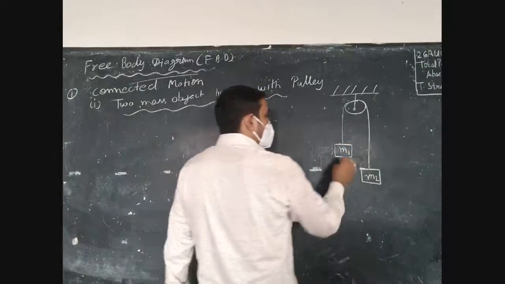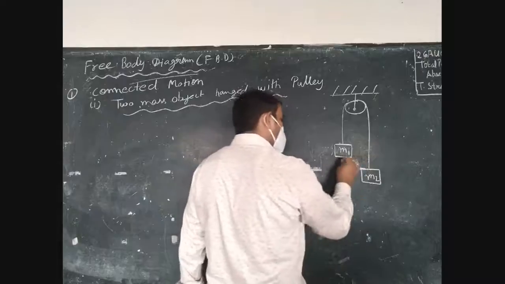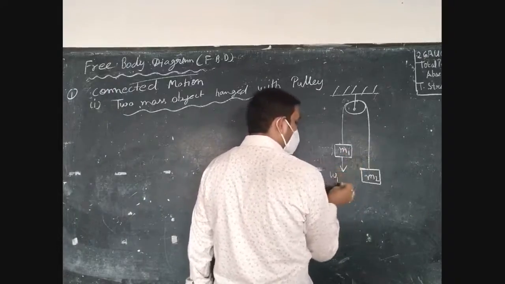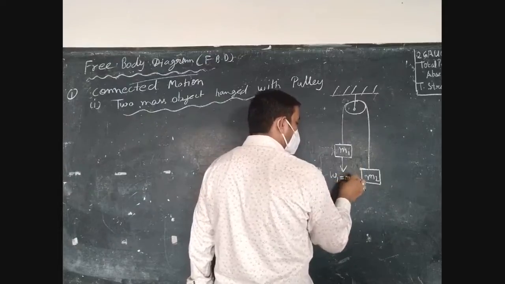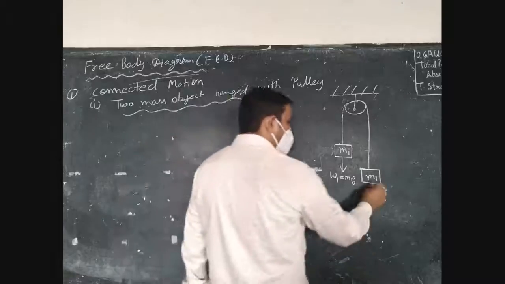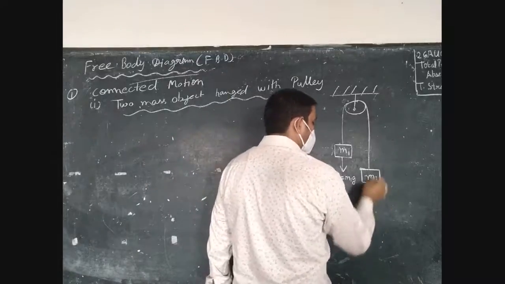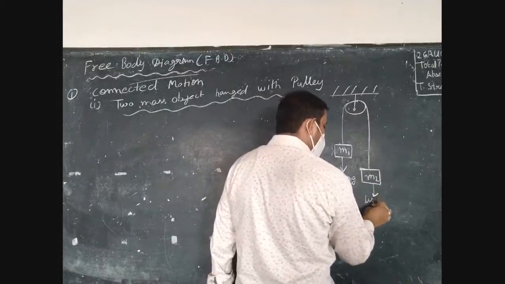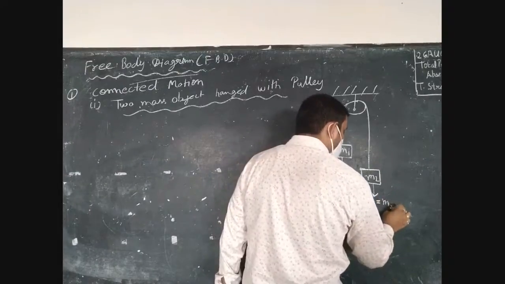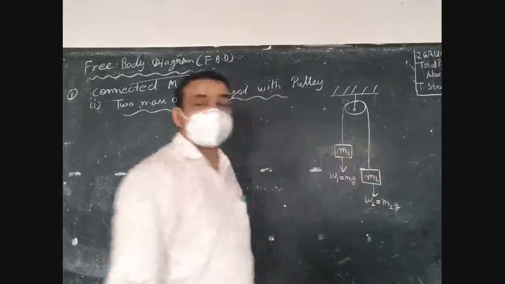In simple terms, the weight of the block, W1, which is equal to m1g, acts downward, and the weight of the other block, W2, is also acting downward because of the action of gravity.